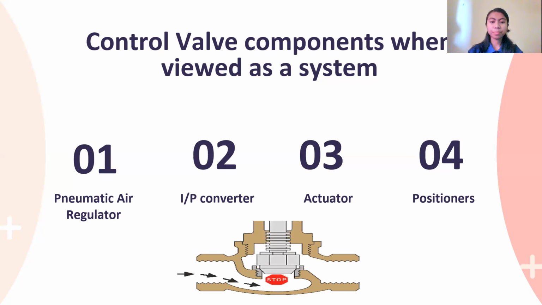Actuator. Serves to move the valve stem according to the pneumatic signal coming from the I/P converter. 4. Positioners. Serves to position the valve opening according to the signal of the controller.